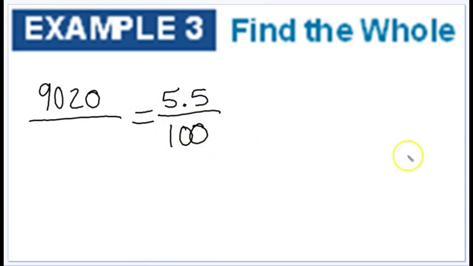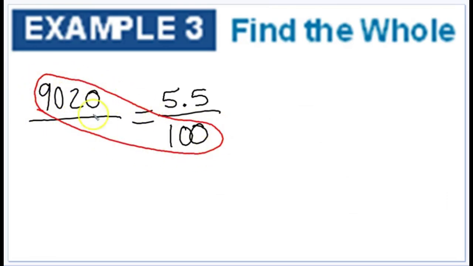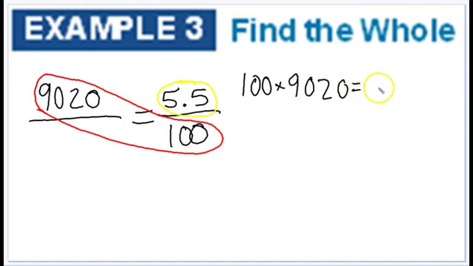All right. So now it's bat and ball time. Bat, then ball. So 100 times 9,020. And you get 902,000.